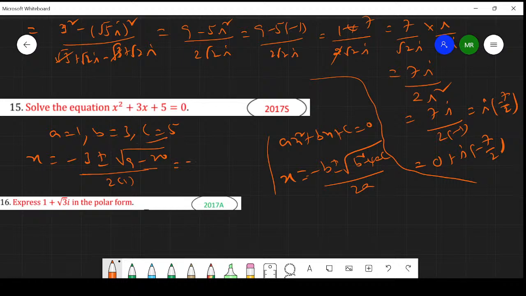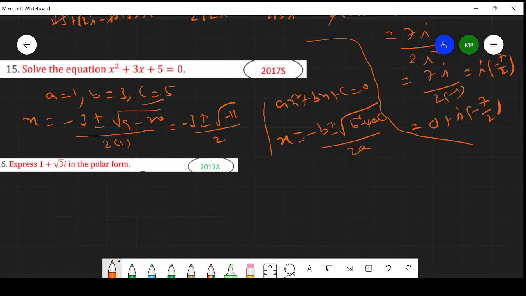It will come minus 3 plus or minus root of minus 11 by 2.